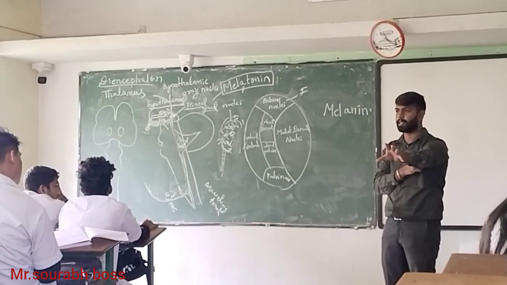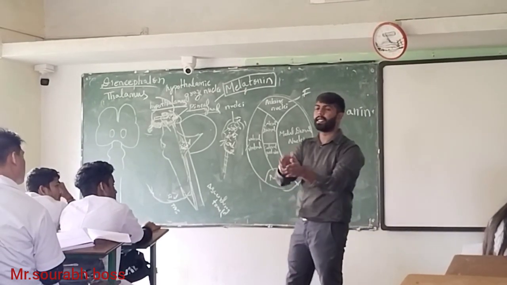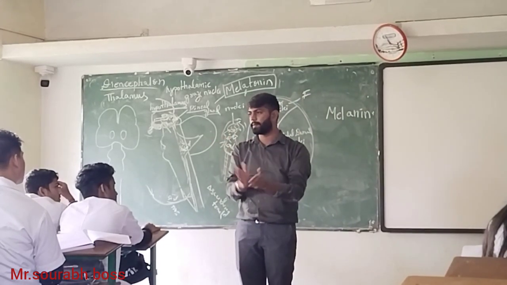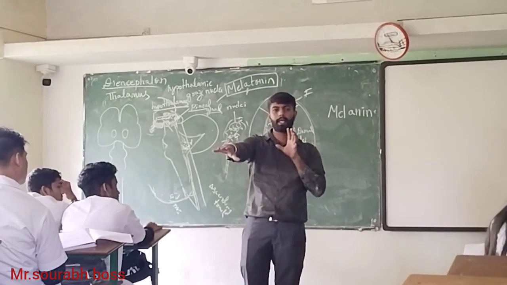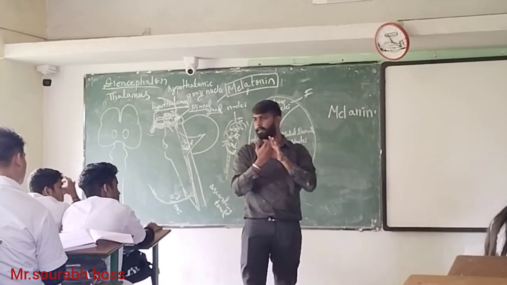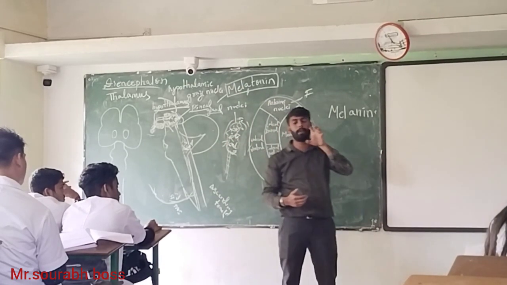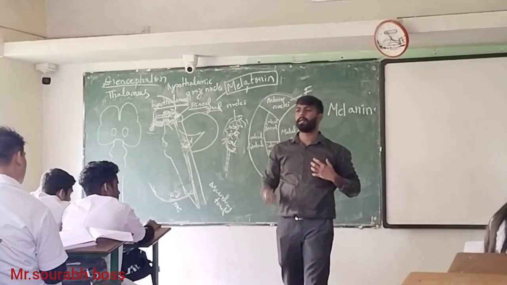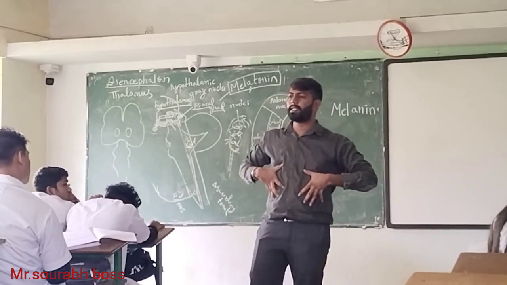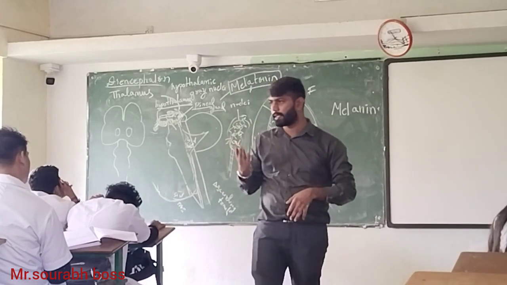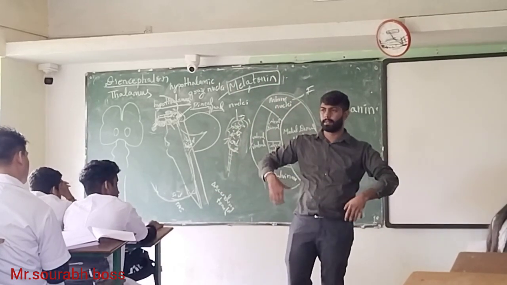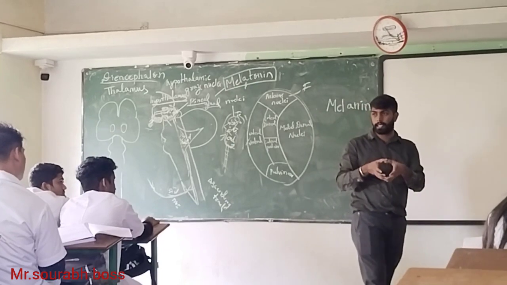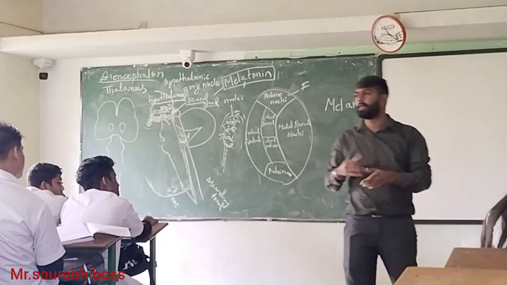If you are seeing a snake, you need a clear image of that snake, so that the light can enter easily. So at that time, the pupil will be dilated. At that time the heart rate will be raised. At that time the breathing of the lungs will be raised. At that time the blood vessels also will be dilated.